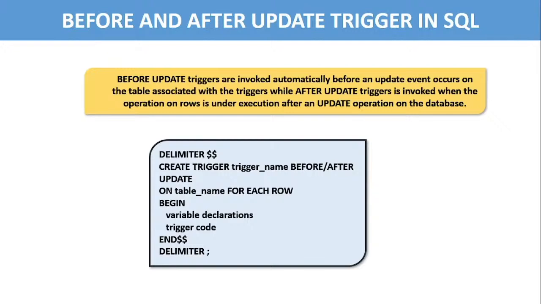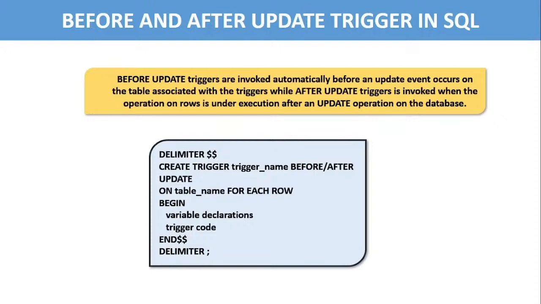Instead of insert, you just replace it with the update keyword along with the before and after keywords. Firstly, we'll specify the trigger name that we want to create, and it should be unique within the schema. Next we'll specify the trigger action time, which should be before update or after update. So this trigger will be invoked before each row of alterations occurs on the table if you use before, and similarly with the after keyword as well.